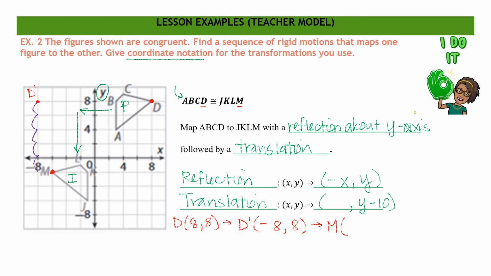And then I'm going to the right 2 units, moving along the x-axis, and that's going to be +2. So the coordinates I have for M is -6, -2. If we apply that rule, for my x, if I added 2, I would get -6, and if I subtracted 10 from my y, I would get -2. So that tells me that this coordinate notation is correct for both of my transformations.